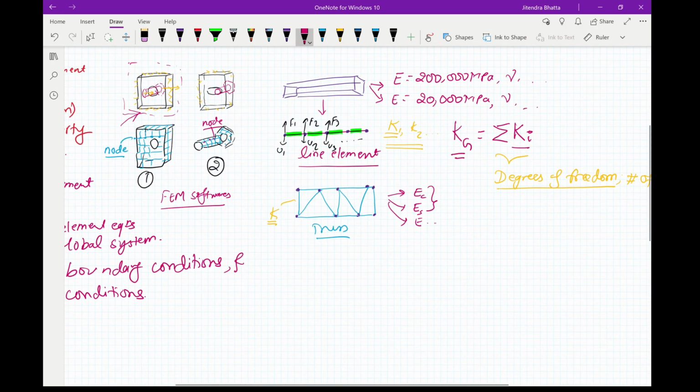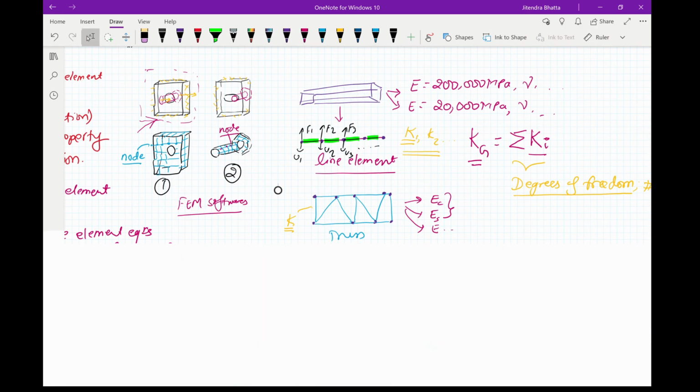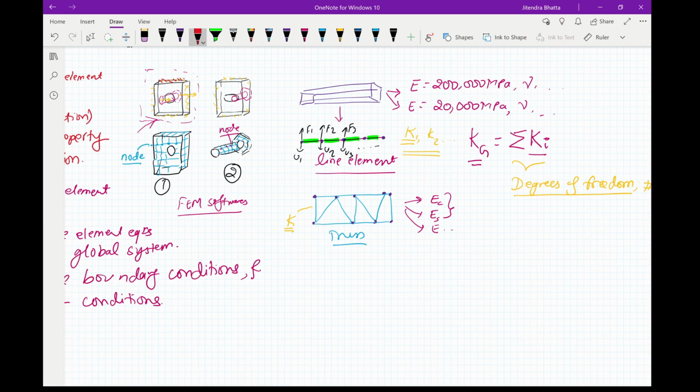For example, in this case, boundary condition will be the edges of the plate being fixed, so the plate doesn't move anywhere, and the loading condition would be applying displacement in this direction here and this part as well.